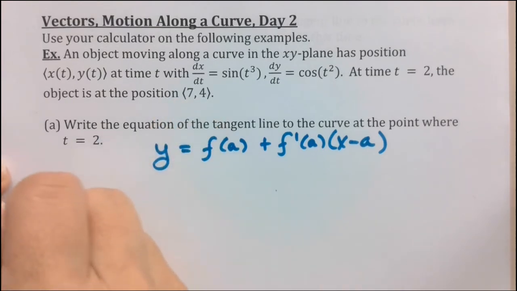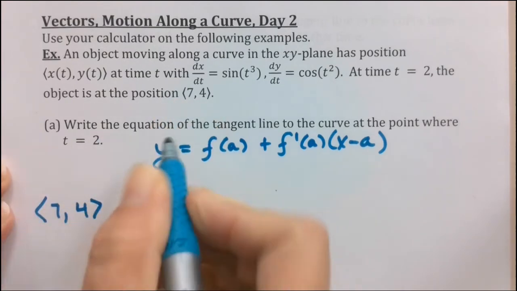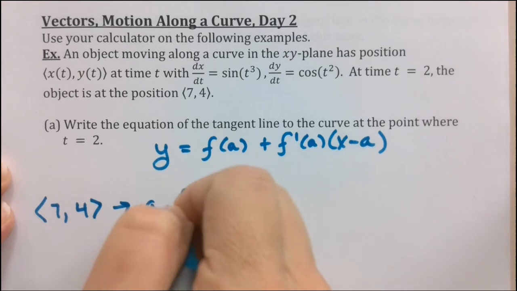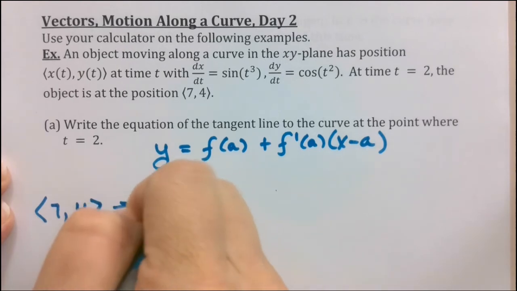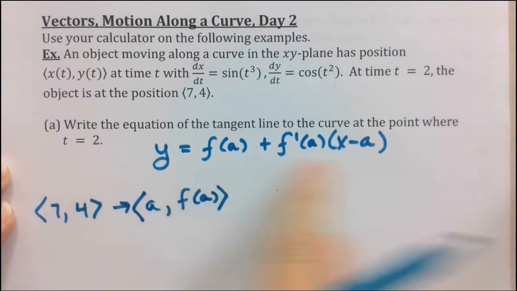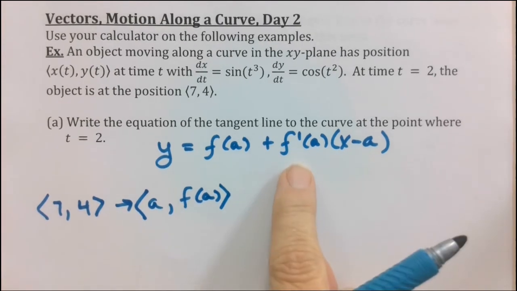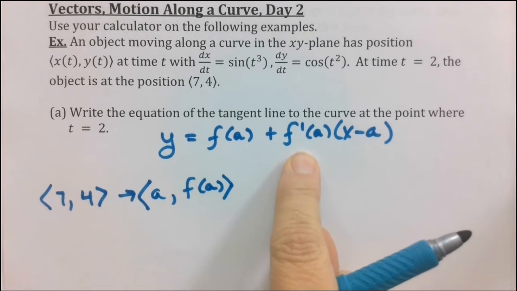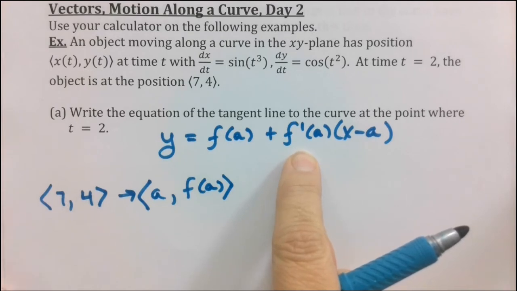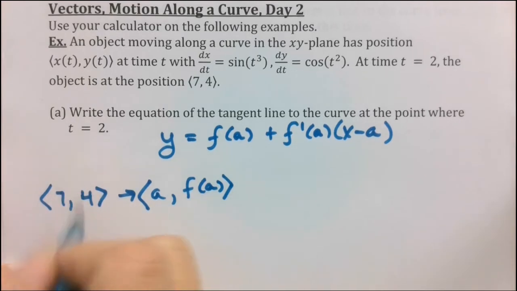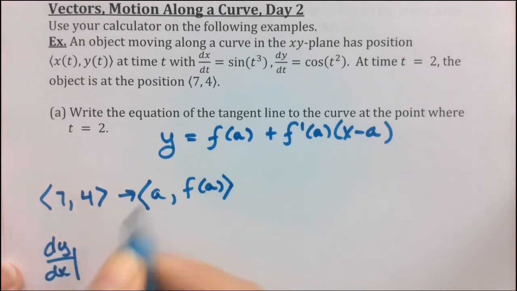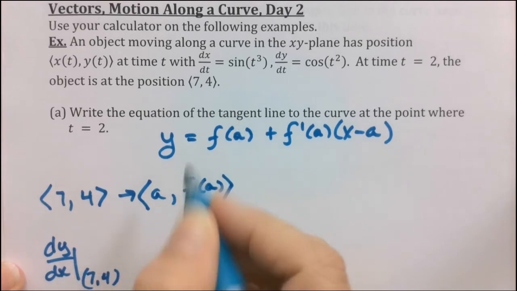So this (7, 4), that is my a, f of a for the tangent line. And so what I need still is the f prime of a, which is going to be the derivative at that point, or the dy/dx at the point (7, 4).